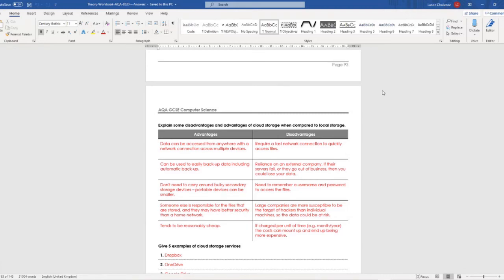They tend to be cheap as well compared with buying a 1 gigabyte hard disk. In the short term, they're cheaper. Over the long term, that's not necessarily true. You might pay £5 a month for your storage, but over a year you can end up being able to buy a hard disk.